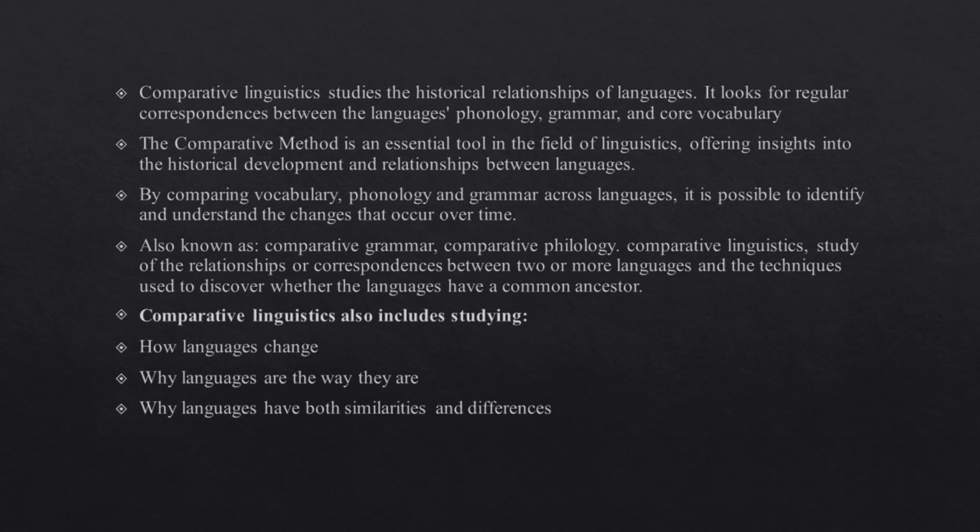Also known as comparative grammar or comparative linguistics, it is the study of relationship or correspondence between two or more languages, and the technique used to discover whether the languages have a common ancestor. Comparative linguistics also includes studying how languages change, why languages are the way they are, and why languages have both similarities and differences.